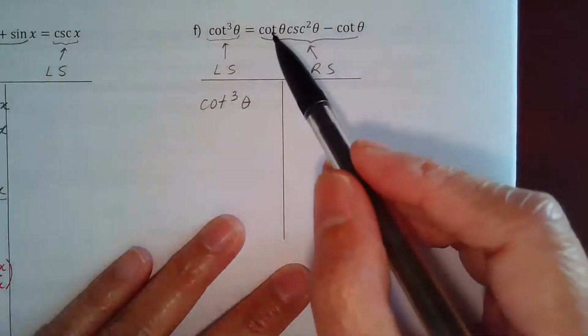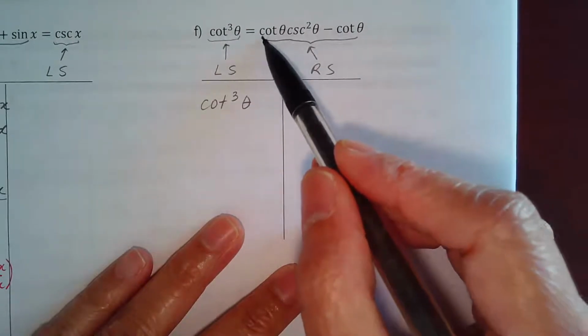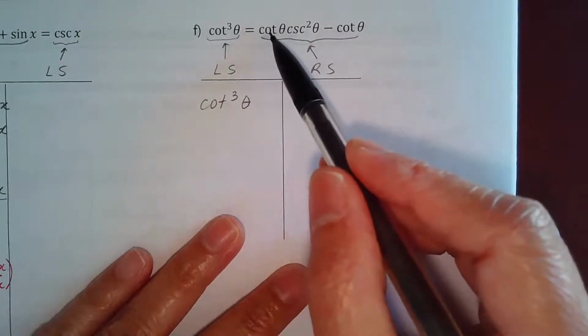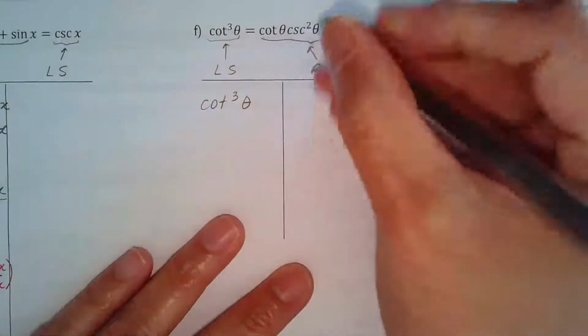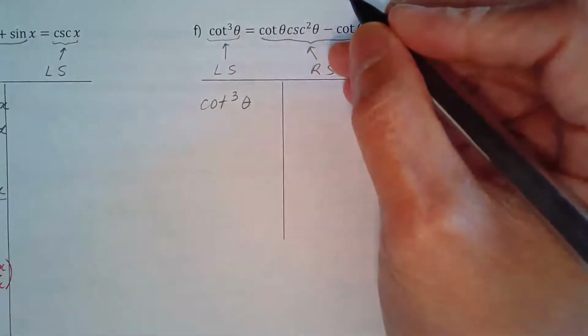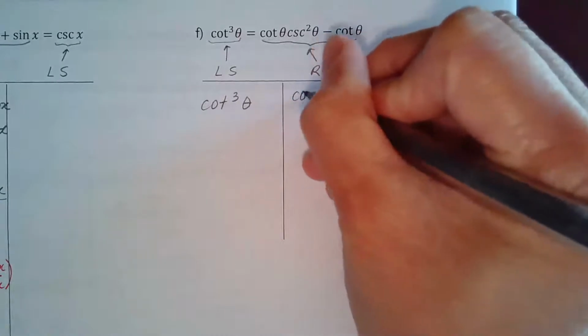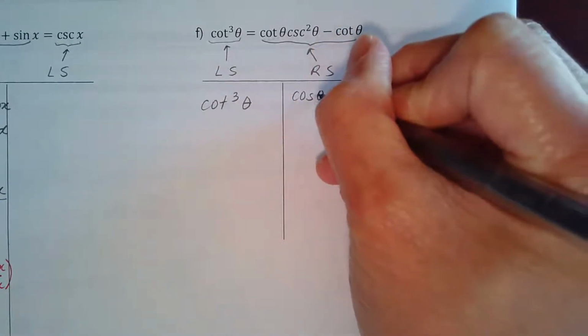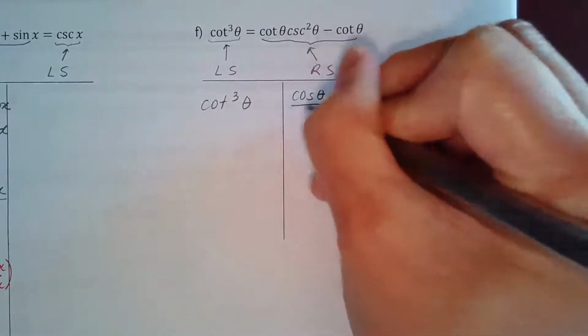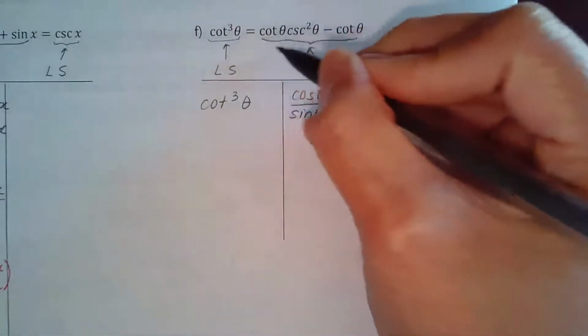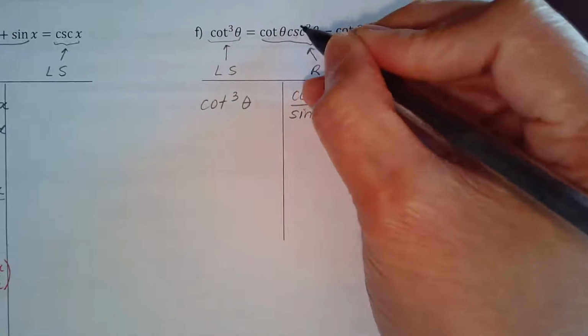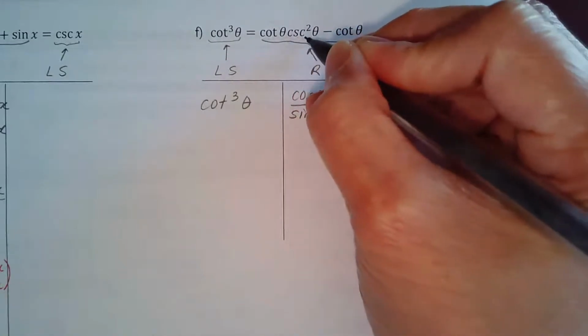What can I do? So cotangent, what do I know with cotangent? Cotangent is the same thing as cos theta over sine theta. Okay, so that's that part, times cosecant squared theta.